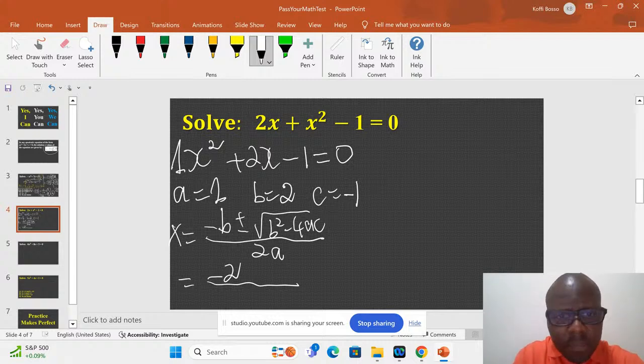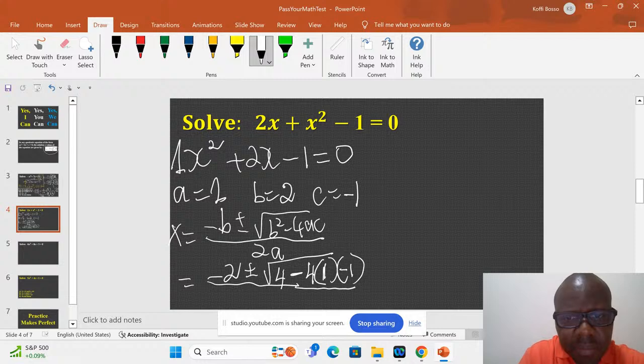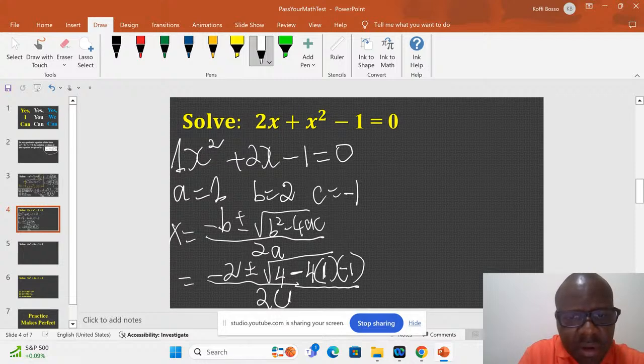B squared is going to be inside, so square root of b squared, and b here is 2, so you're going to have 4. Then b squared minus 4 times a, which is 1, times c, which is negative 1. Everything divided by 2a, a is 1.